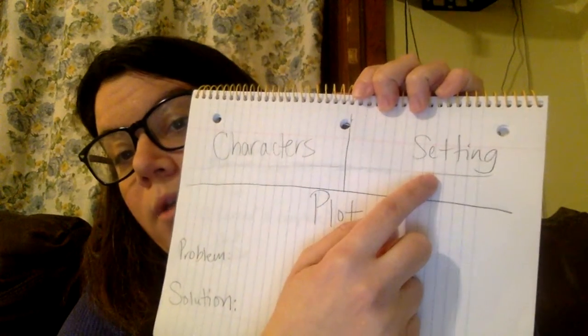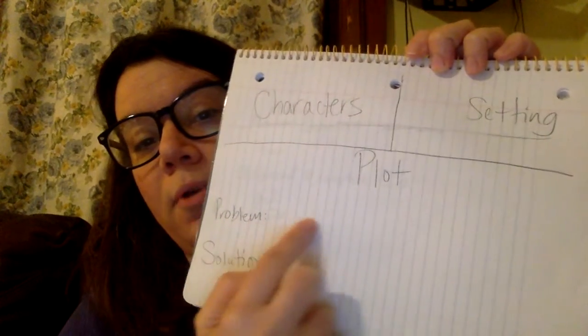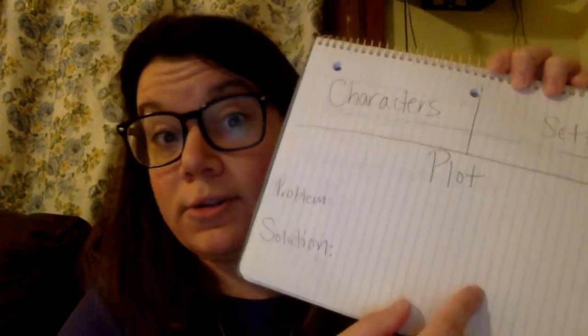The setting, when and where the story takes place, and the plot. What happens in the story? What is the main problem, and how do the characters solve it? All right? And we just call that a story map. Kind of cool. All right, so you can be following along with your slides as you listen to me read. I'll also hold up the book so you can see what page I'm on.